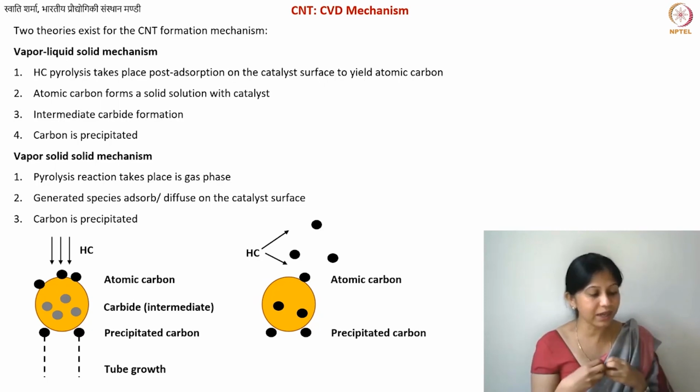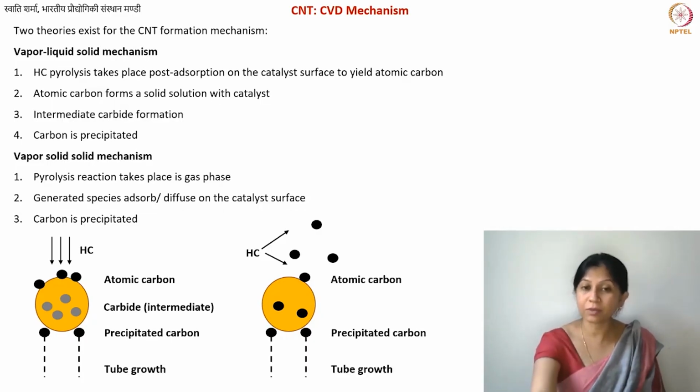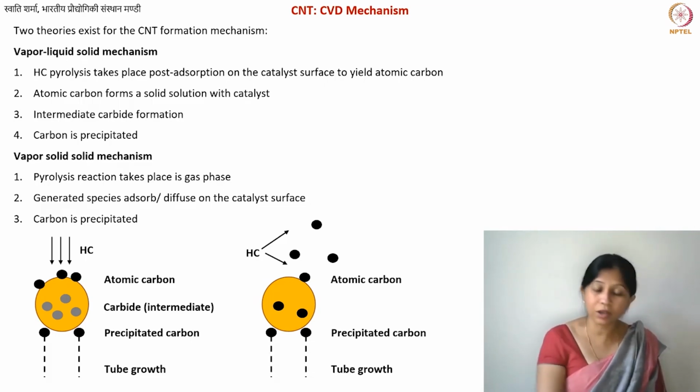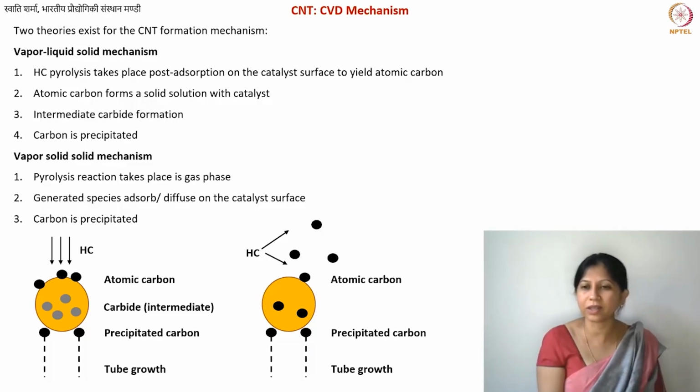In this case carbon does dissolve, so there is some sort of solubility that we still need to understand, but the carbide formation is not taking place. This is the second proposed mechanism, and of course the tube growth mechanism remains the same, whether the tubes grow on top of the catalyst or below the catalyst. That is also an interesting thing.